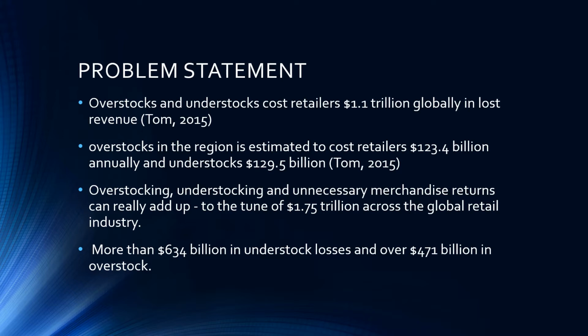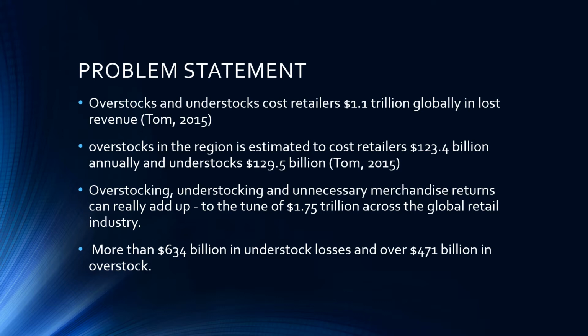Another thing is that overstocking, understocking and unnecessary merchandise returns can really add up to a loss of $1.75 trillion across the global retailer industry, which is a lot of money to lose when you're working in a retailing business.